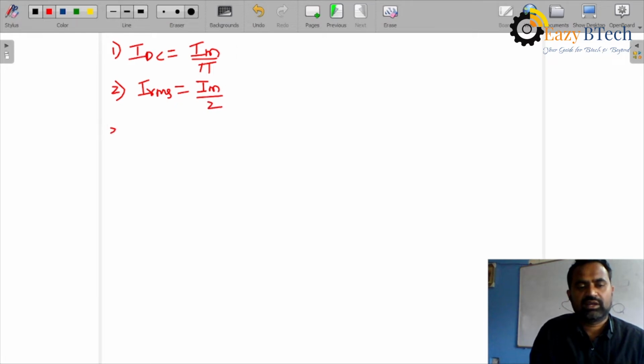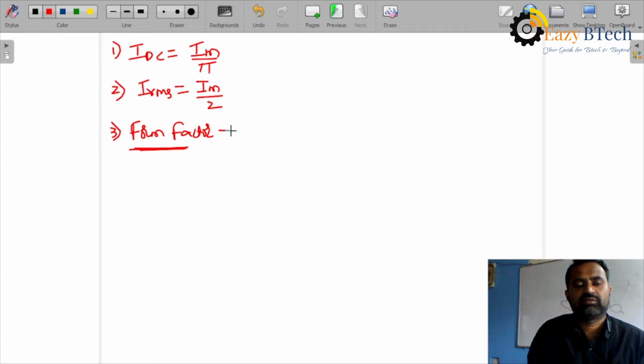Now if you want to calculate the next parameter, that is form factor. It is defined as the ratio of RMS value to average value. What is the RMS value?